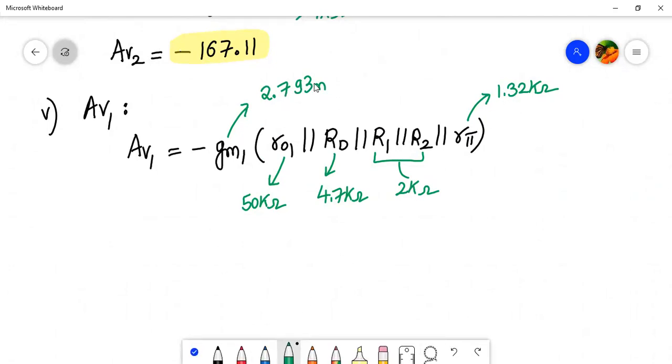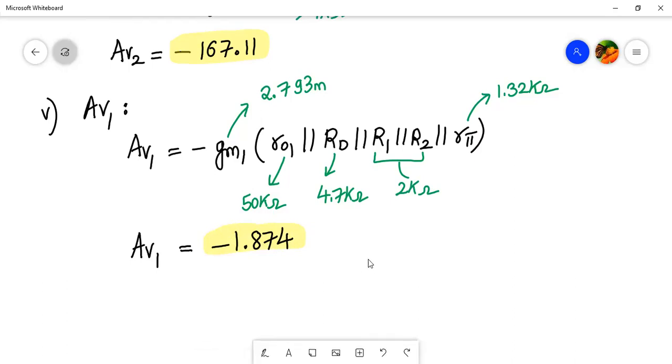That multiplied by 2.793 milliampere per volt, and you will get the value of AV1 as minus 1.874. So that's the voltage gain of the first stage.